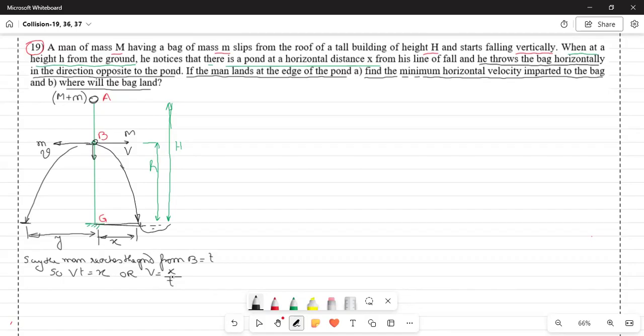Also, from the principle of conservation of momentum.